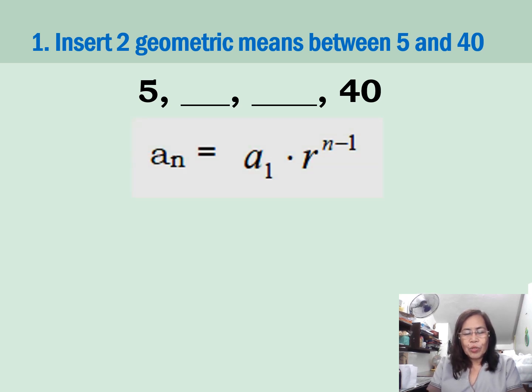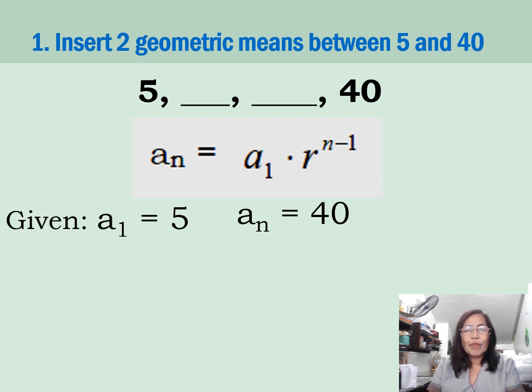So in short, using the formula a sub n is equal to a sub 1 times r raised to n minus 1, the given becomes a sub 1 is equal to 5, a sub n is equal to 40. It is understood that the last term is 40. And then n is equal to 4.